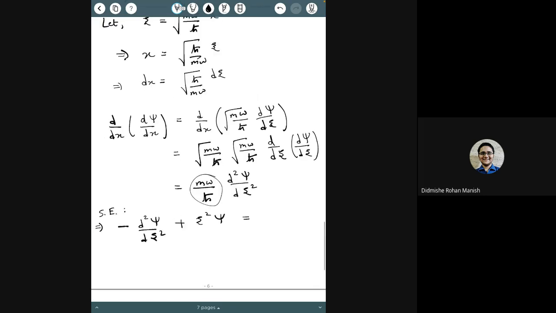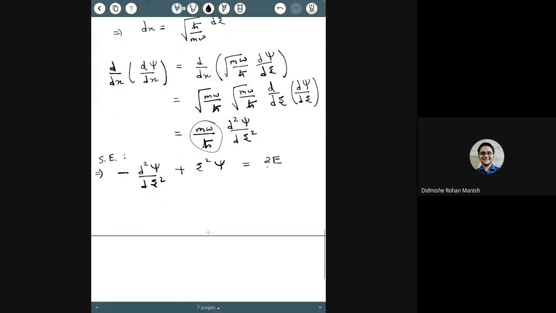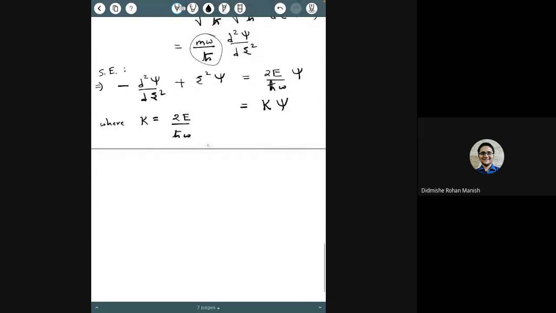And on the right, I have 2E by h cross omega, which I write simply as some constant k psi, where k is equal to 2E by h cross omega. So then this starts looking a bit simpler.